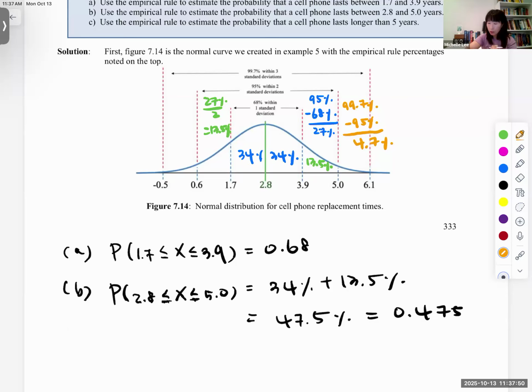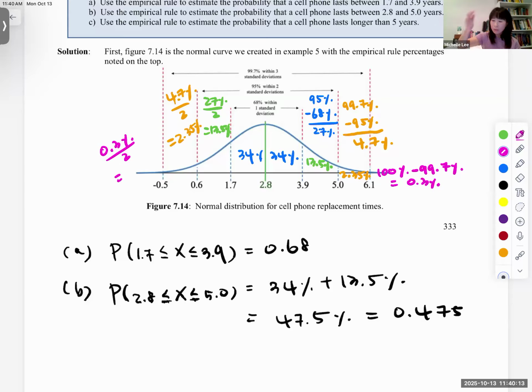But then we have to divide by 2 because there are two portions. So 4.7% divided by 2. Okay, but then what happened to the last one? The last one has 100% minus 99.7%, so that will be 0.3%, right? But then we have two portions, so 0.3% divided by 2, we get 0.15% on each side.